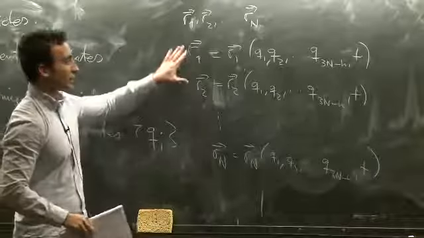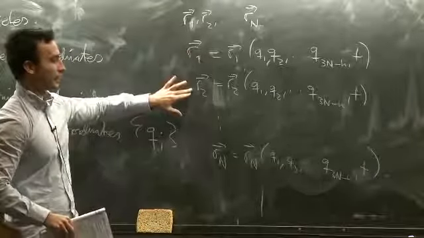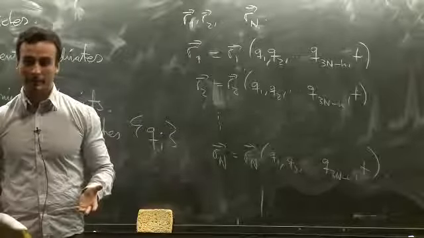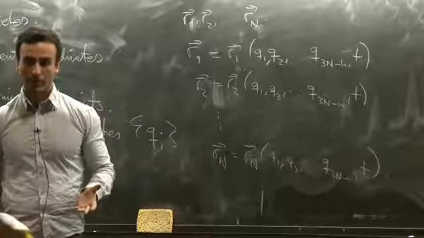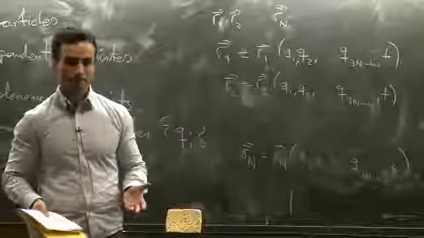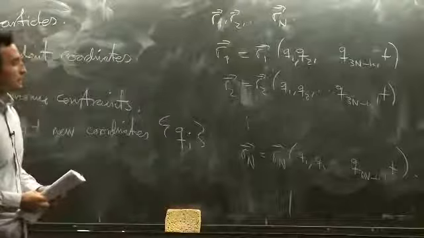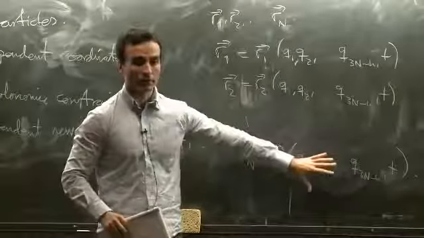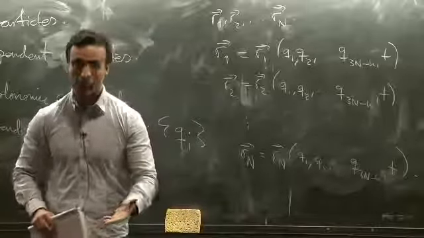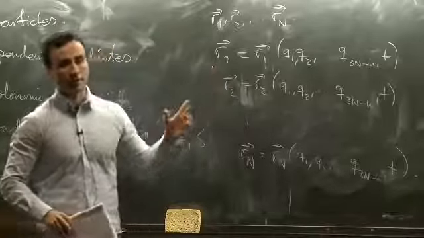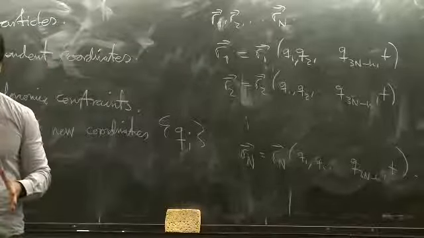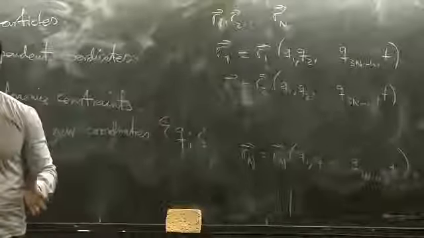So it means that not all of these R1, R2 up to Rn can be independent. You see what I mean? So these, the q's, are now the independent coordinates where the constraints have been taken into account, whereas the r's are the original description of the system without taking into account the constraints.